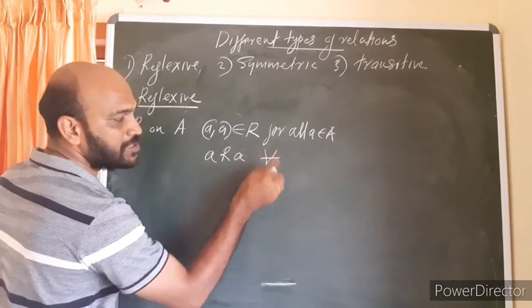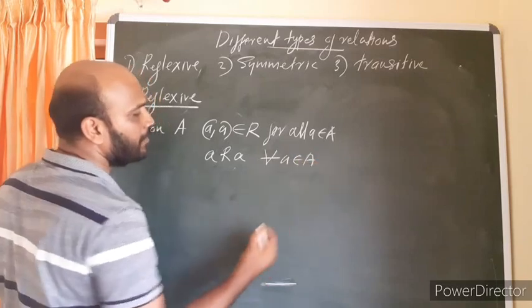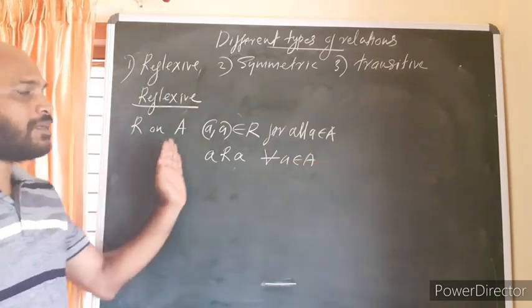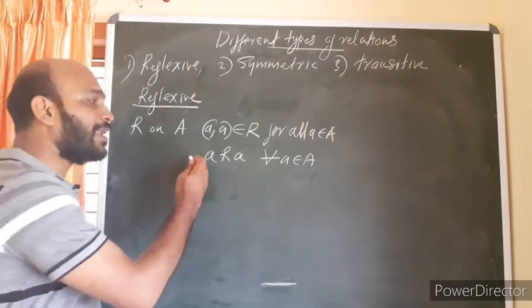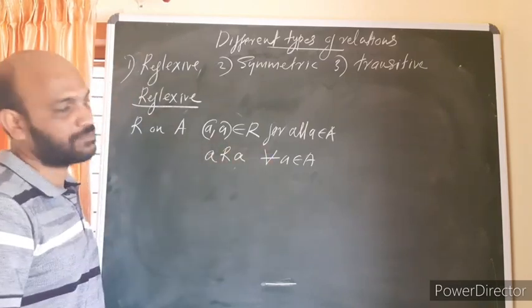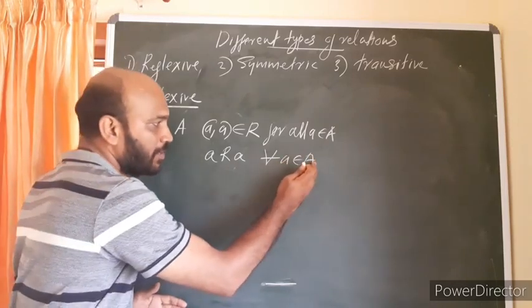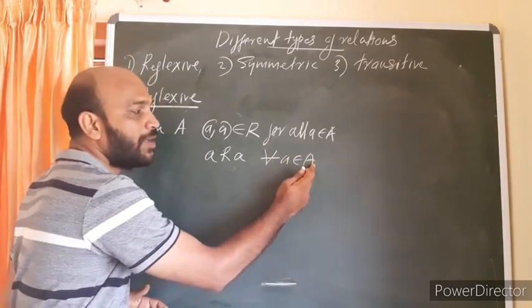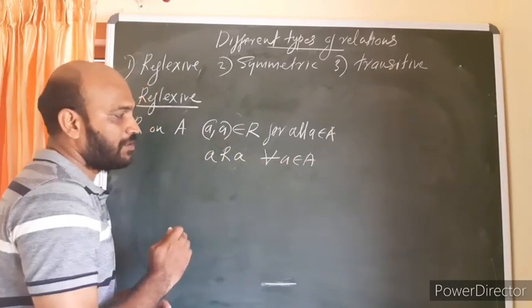For all, we can use this symbol. It does not mean that a is related only to a. For every a belongs to A, if you take any a belongs to A, that element should be related to the same element.